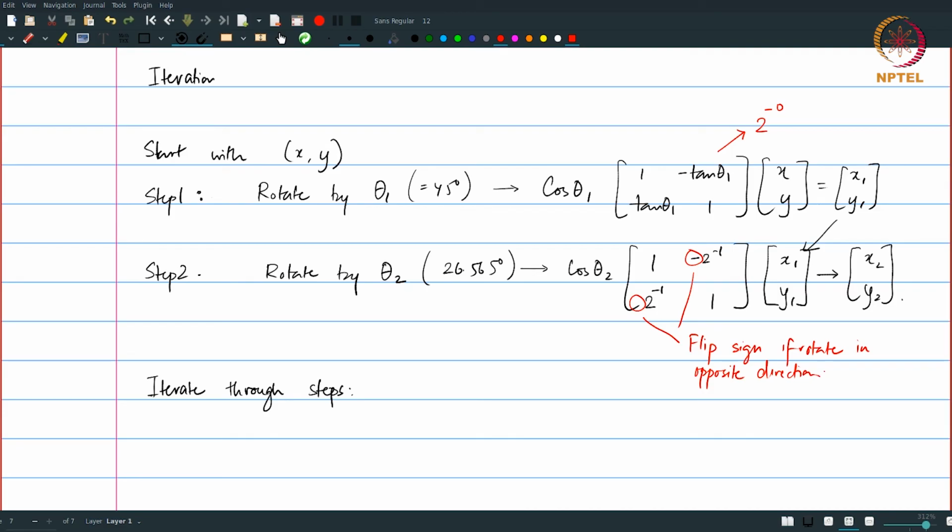As long as I rotate through all of these angles, I'll find that the cos values, cos theta 1, cos theta 2, etc., are just accumulating.